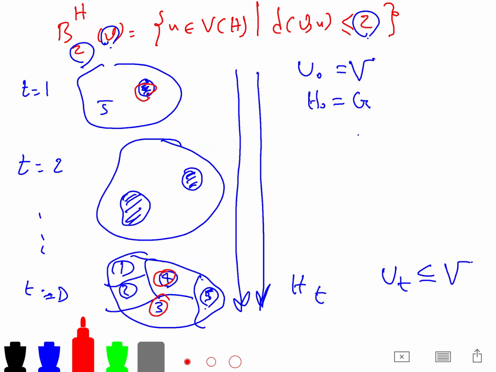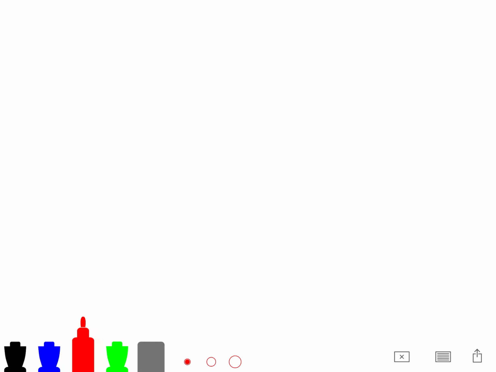For example, here it's just one cluster, here two clusters, so we have more and more clusters. The algorithm repeats the process until U_T is empty. It means that we don't have any point or set of points left to create an induced graph. And it's a very interesting idea.